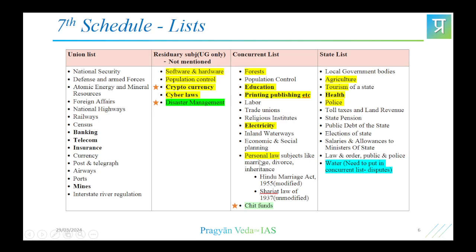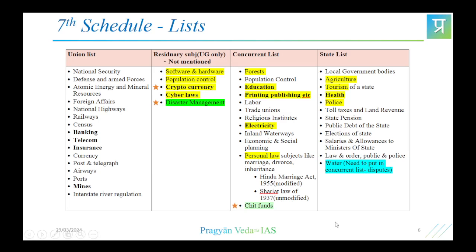Some important personal laws like marriage, divorce, and inheritance under various religions, especially Hindu and Muslim religions. We have the Hindu Marriage Act 1955 and the Shariat Law of 1937, so they are part of the concurrent list. And some funds like chit funds and Ponzi schemes related things are also part of the concurrent list, right?